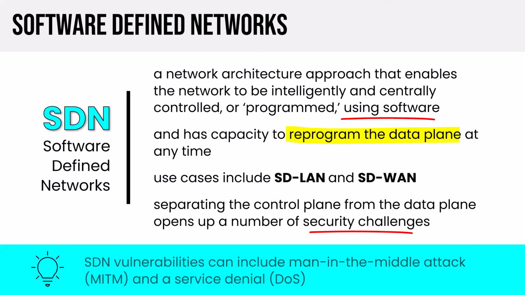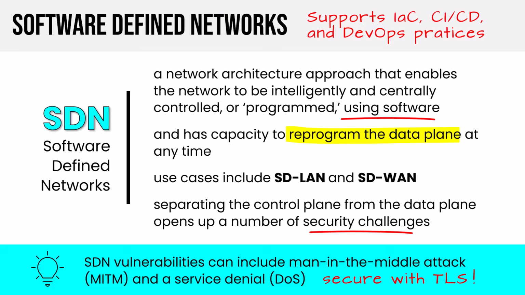SDN vulnerabilities include man-in-the-middle attack and potential denial of service from within the network. We would secure communication with TLS wherever we can. And because SDN happens in software and code, it supports infrastructure as code, CI/CD, DevOps, the deployment automation that literally every enterprise uses in the cloud today.